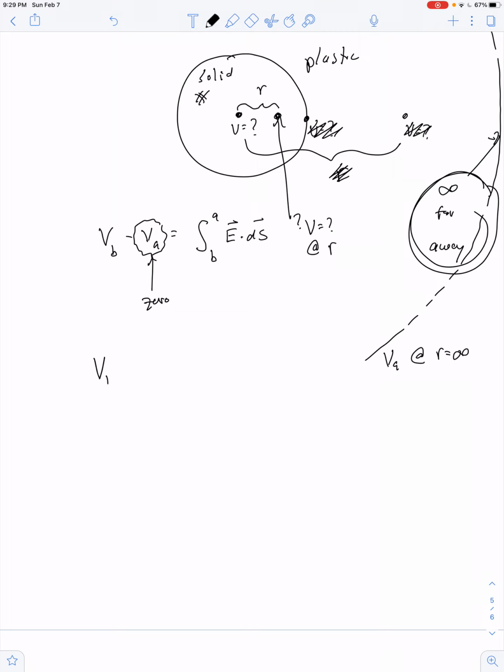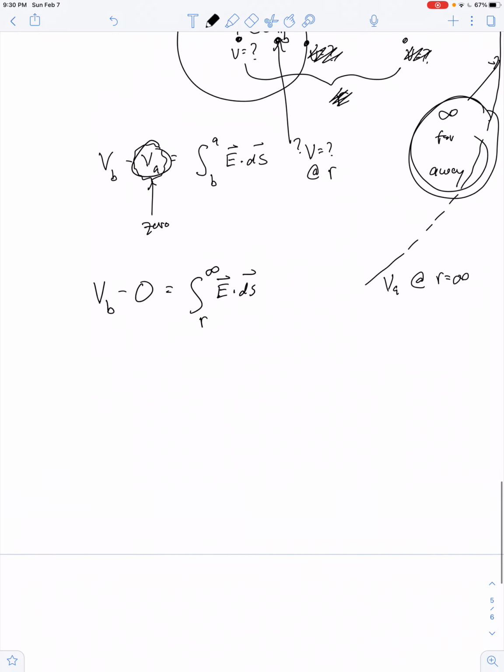Then the electric potential at this point B that I'm trying to solve for would be equal to, well, I could say VB minus VA, but VA is 0. So then as we go from r to infinity of E dot ds.